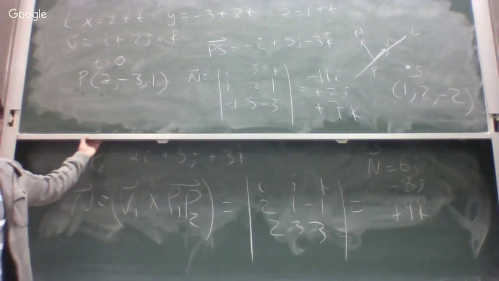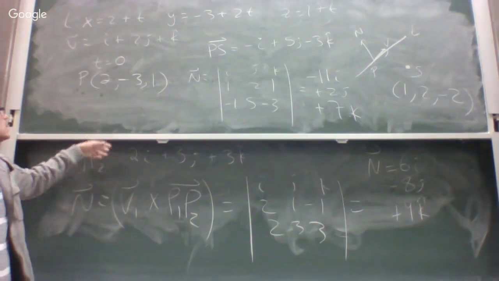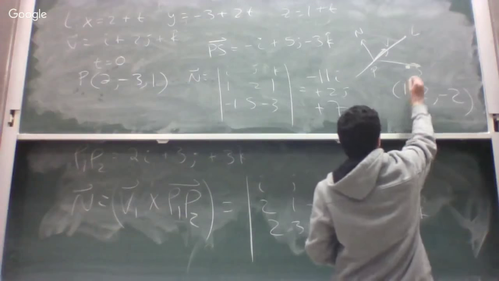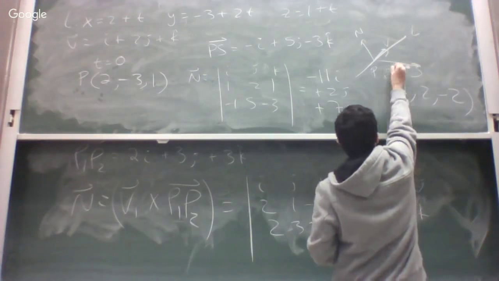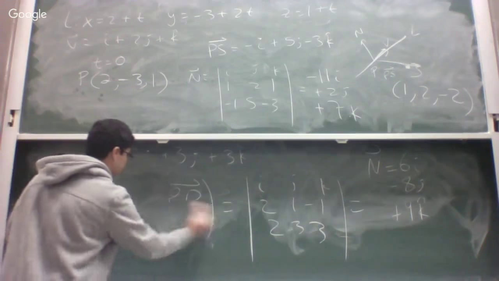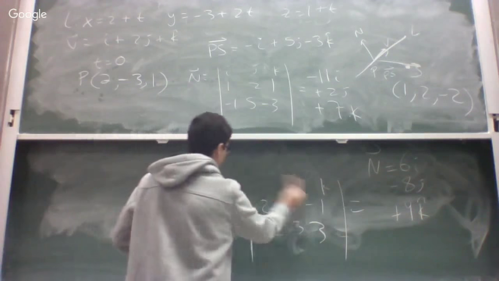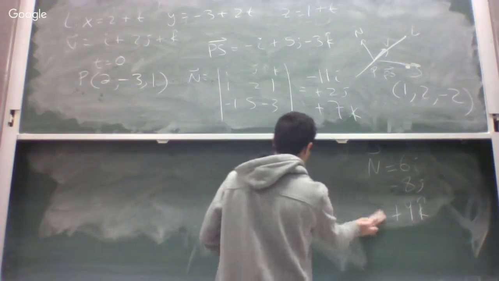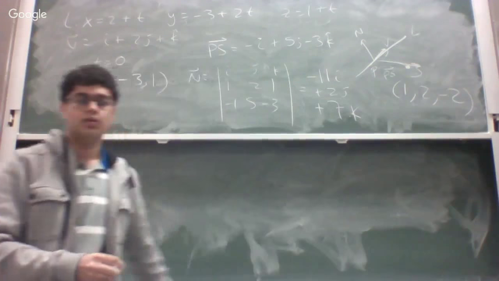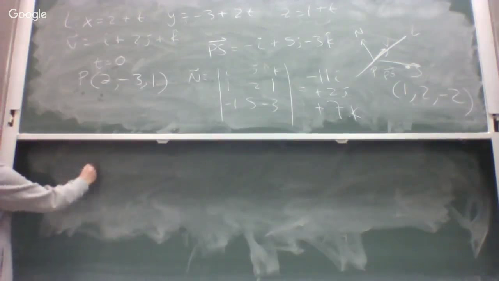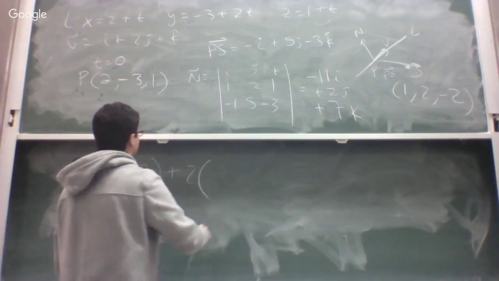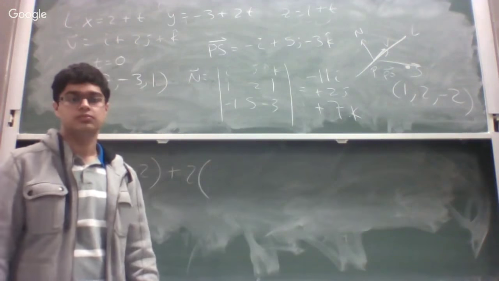Yeah. Write the -1, 5. Going from point P to point S. Oh, yeah. -11 times x minus 2, plus 2 times y plus 3, right?